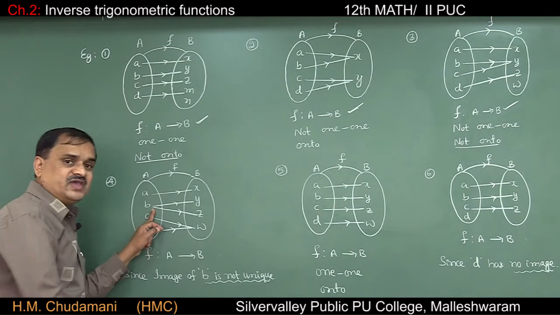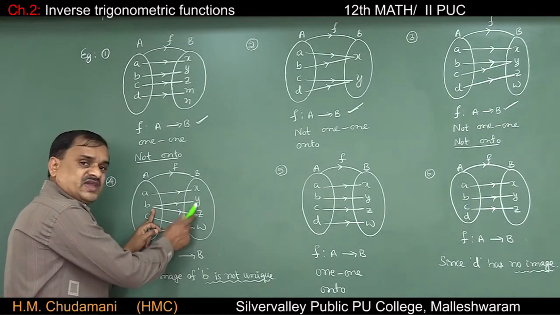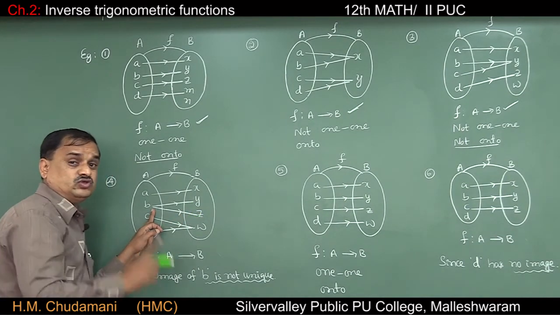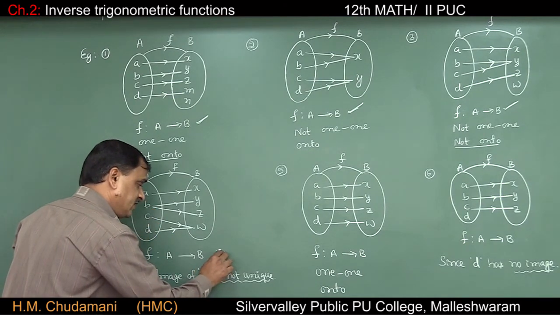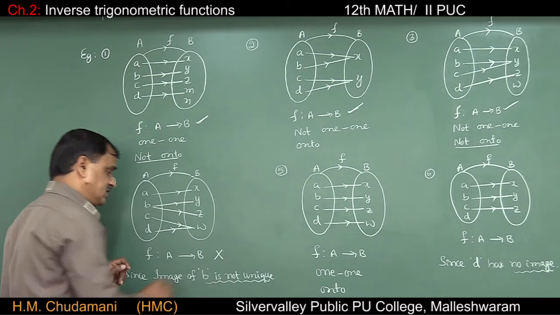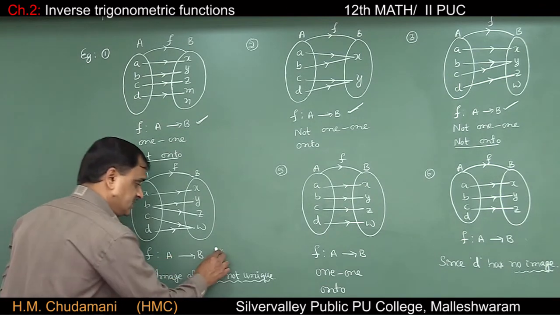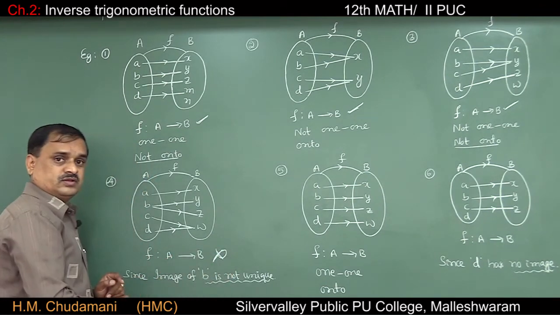See, b has two images, a unique image it should have. That's why f from A to B is not a function, right?